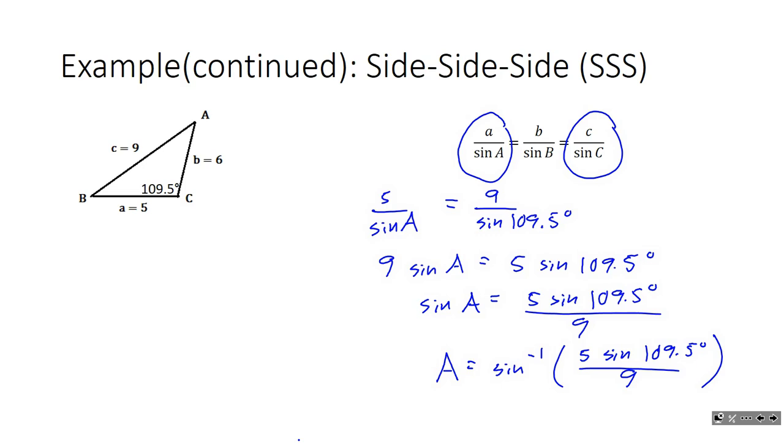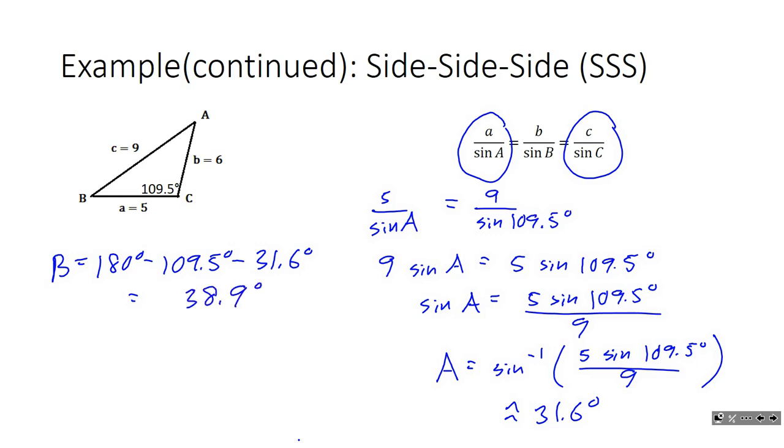Degree mode, round to 1 place, and rounding I got 31.6 degrees. Good. Well, what's left? Just angle B. Two angles, you want a third one, no problem. We just go back to the fact that they add up to 180 degrees. And angle B turns out to be 38.9 degrees. There we go.